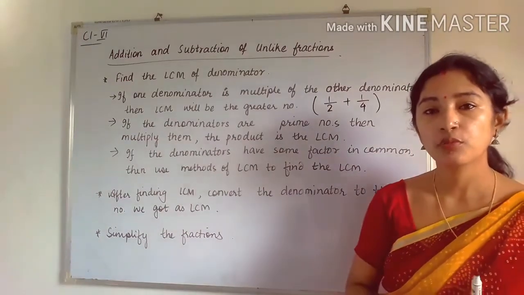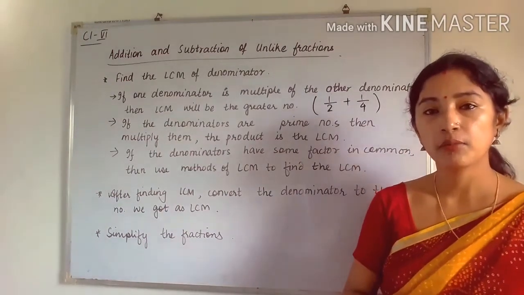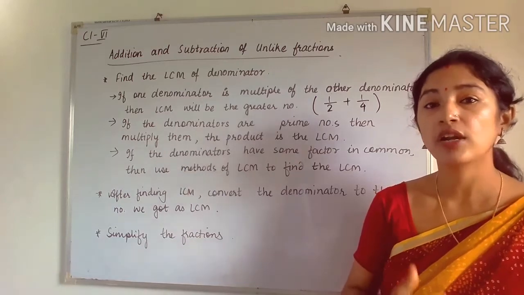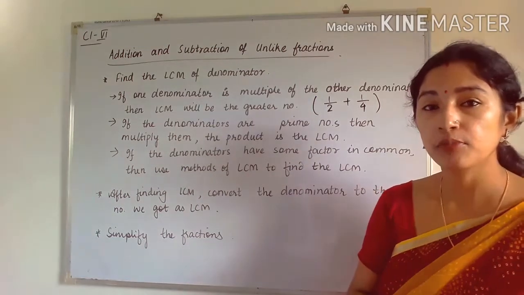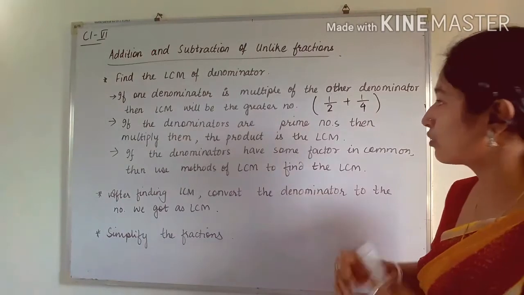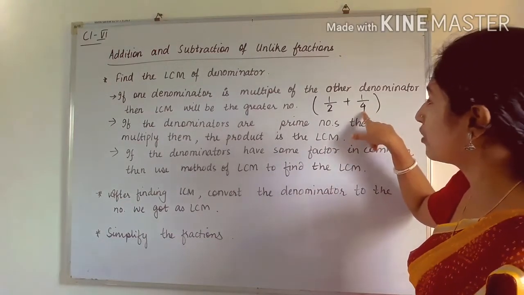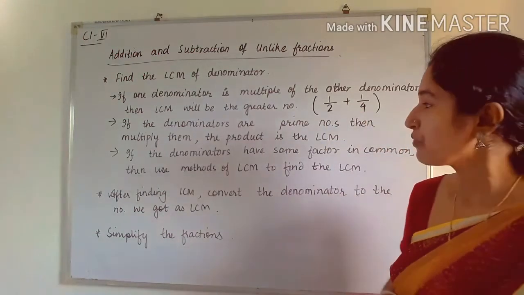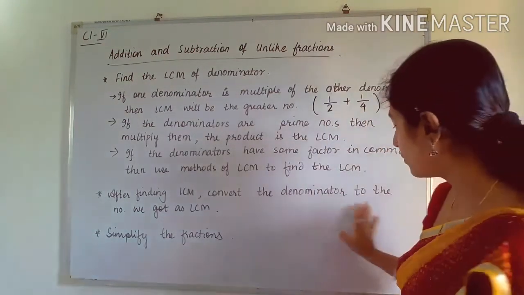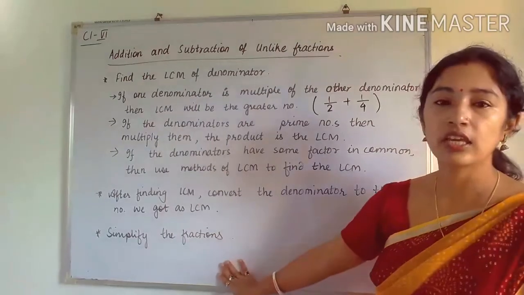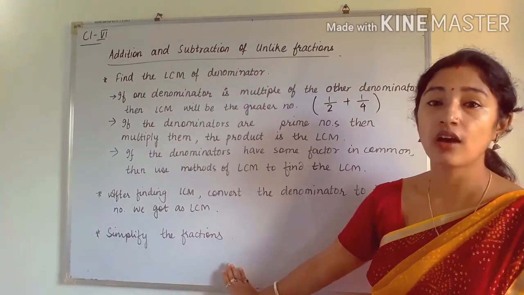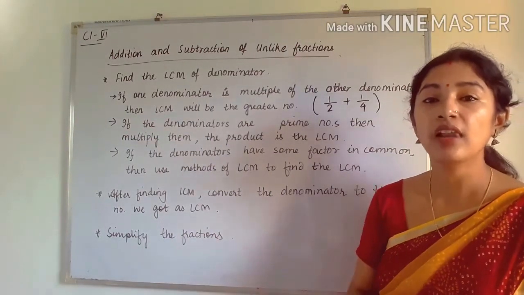So this is the first point: if one denominator is a multiple of the other, then the greater number will be the LCM. After that we convert the denominators, and then we can easily simplify the fractions, because now they are like fractions.